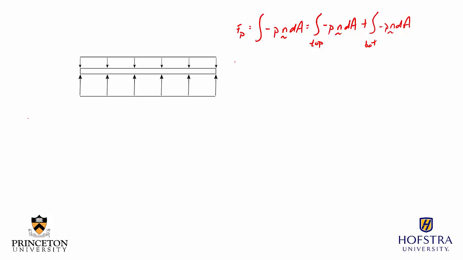The first way I want to talk about this is with a graphical interpretation. Let's look at the first term here, the integral over the top surface. If I want to find the integral of minus p n dA over just the top, from a graphical argument, that's just the area under the curve.